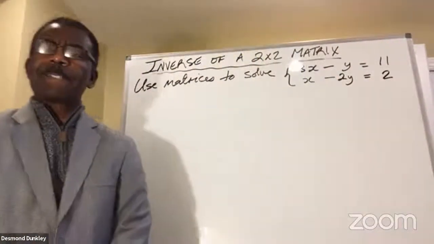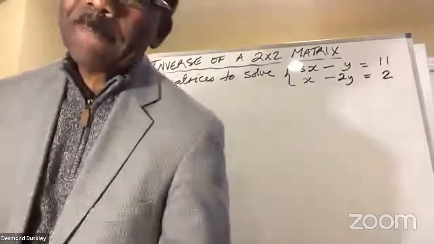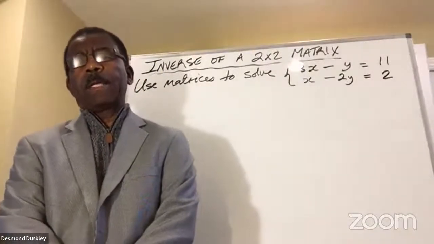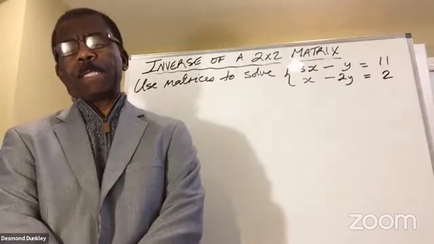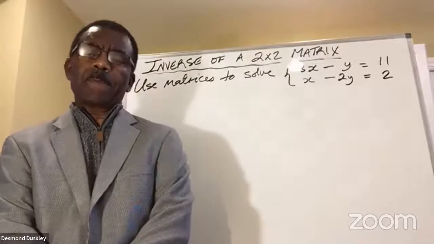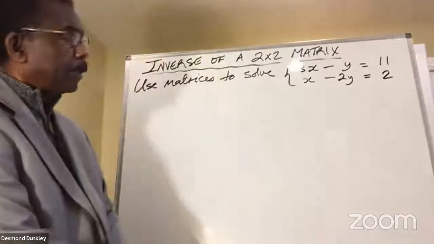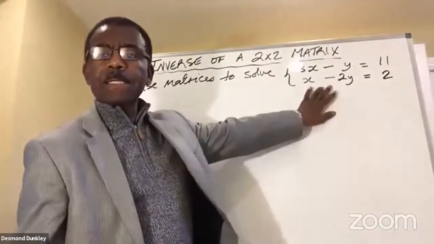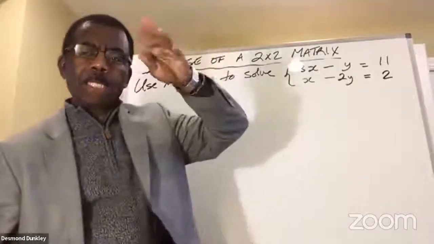Okay, so here's what we have. We have 2 linear equations, and they're asking us to use matrices to solve this system of equations. Here's how we do it. The first step is to rewrite this as a matrix equation.